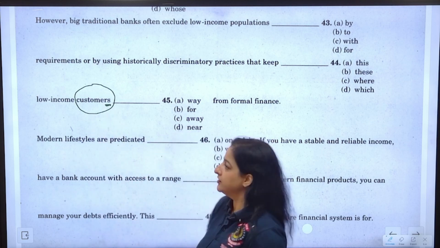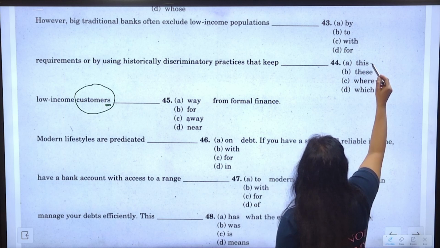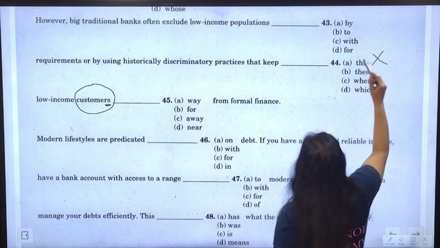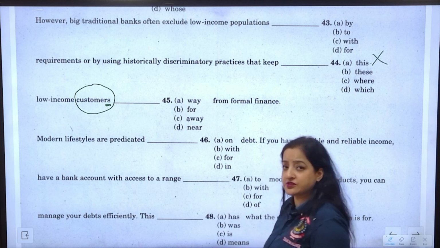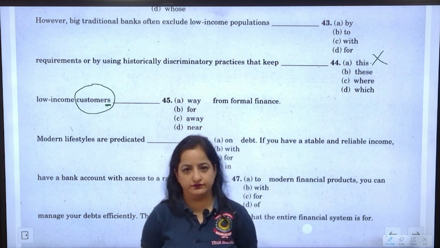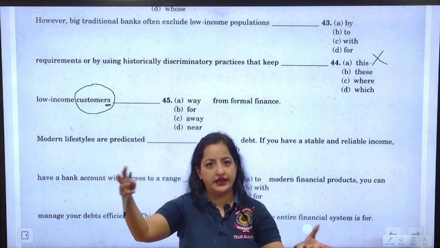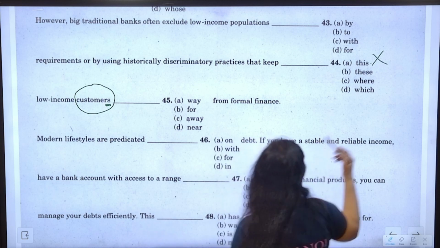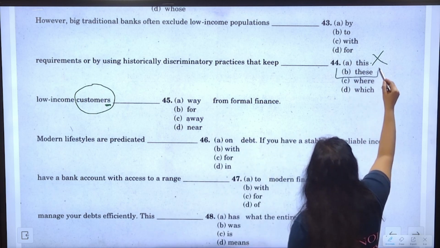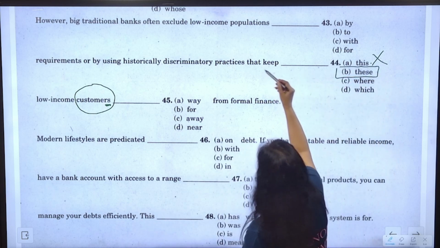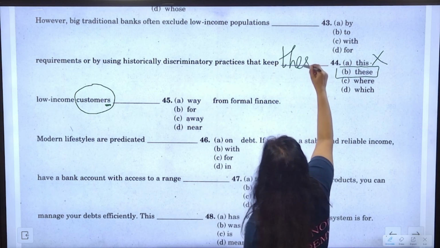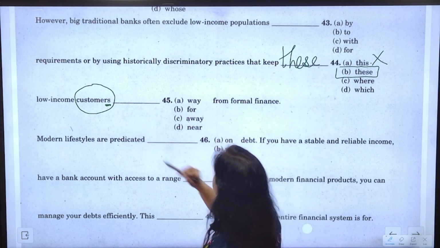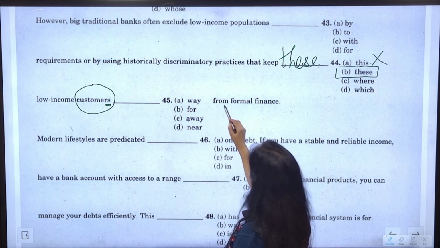Plural. So are you going to use this with plural? No, you won't say "this customers". "Which customers" is used for selection, meaning one of them, and there's no selection here. Clearly the answer is "these", that keep these customers, the low income customers, away from formal finance.